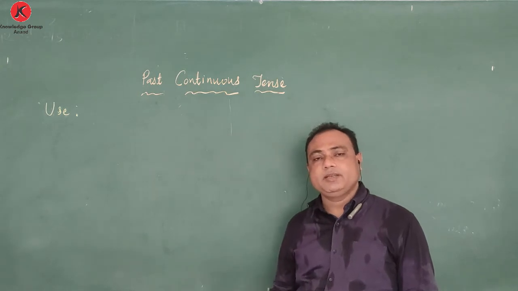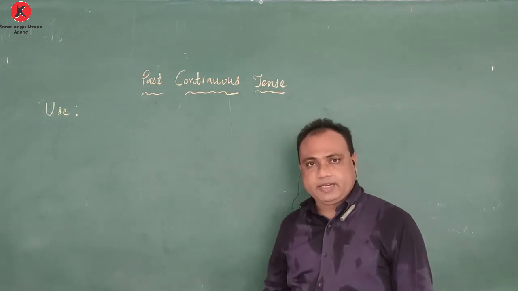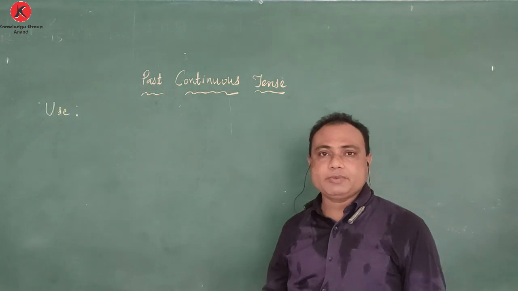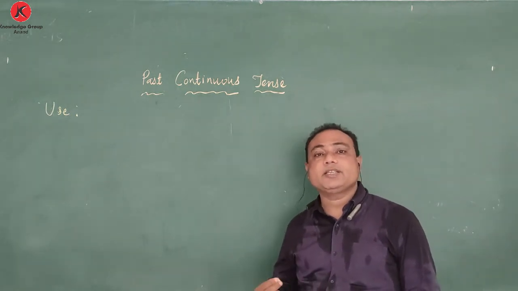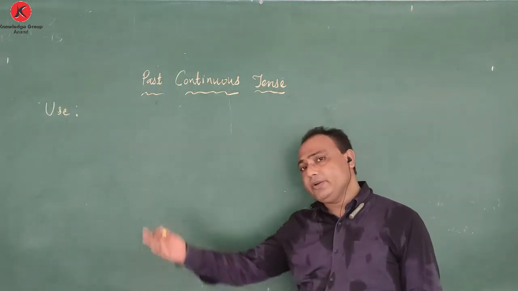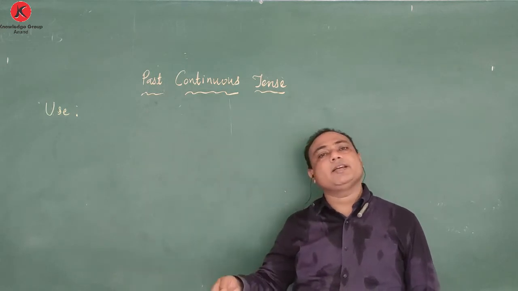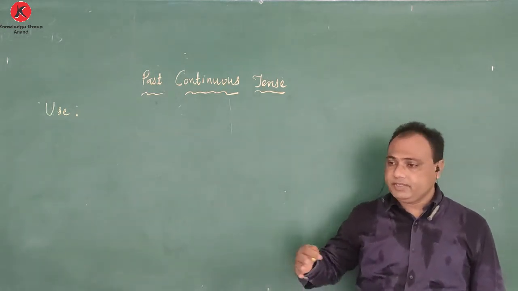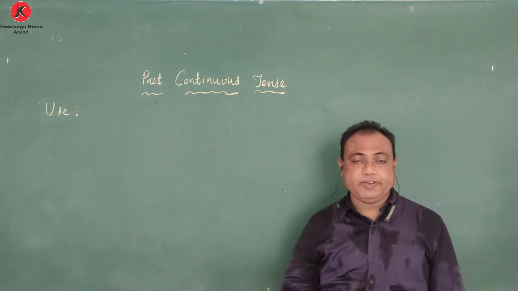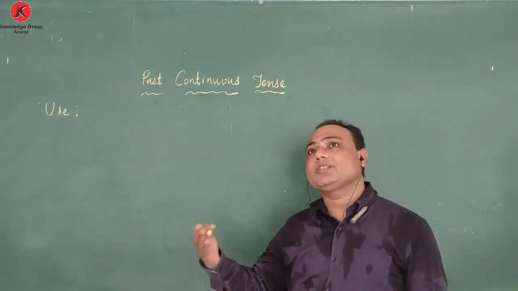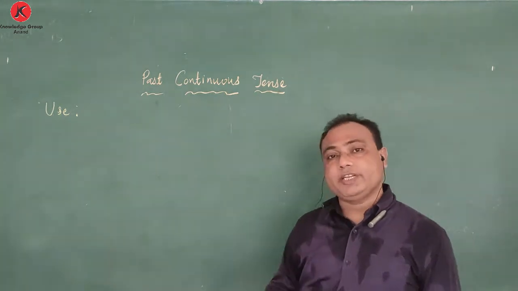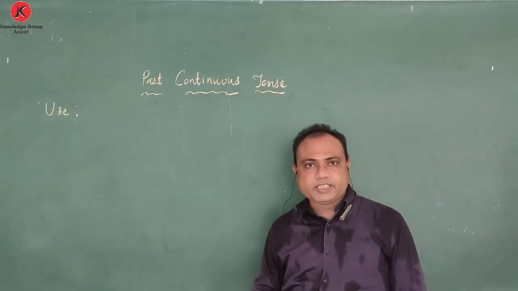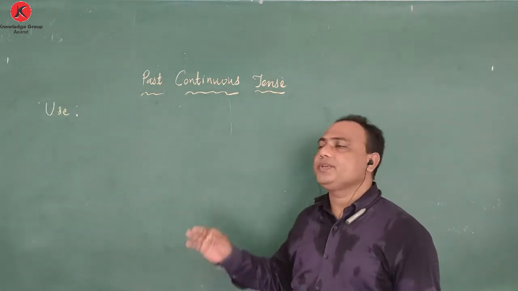Whatever I'm speaking right now, the fluency comes because I have a thorough basic understanding about tenses. I don't have to recall in my mind that this is the situation, this is the event, and I have to frame this sentence in so and so tense. No. Fluency comes with the basic knowledge of tenses.